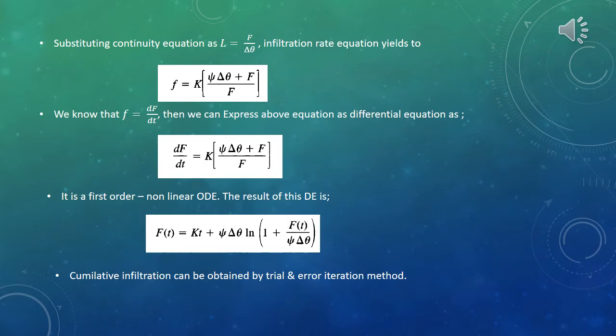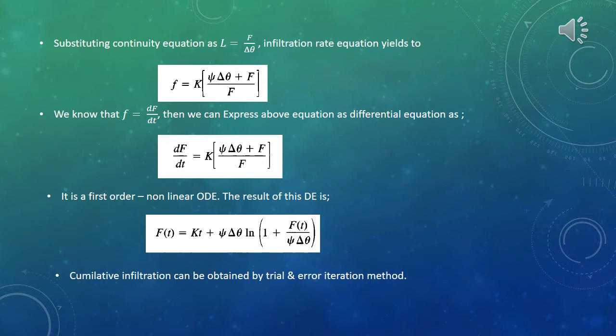Alright, after we find the infiltration rate, let's remember again the continuity equation. The cumulative infiltration is the depth L multiplied by delta theta, the potential moisture content.